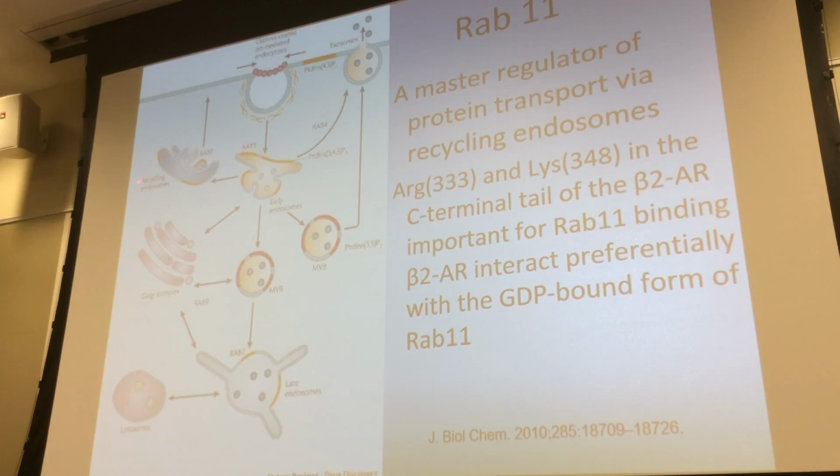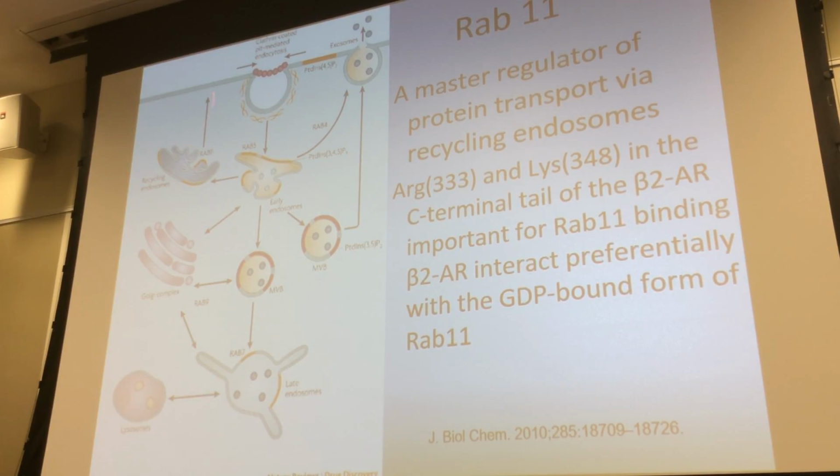Now, one of the things that can happen while it's internalized is that any of those phosphate groups that were put on when it was initially desensitized from a GPCR, the phosphatases are in the cytosol, and that's where they come into play, and they can remove those phosphate groups so that when you take these receptors back to the membrane, they are dephosphorylated, and they're like native receptors all over again.